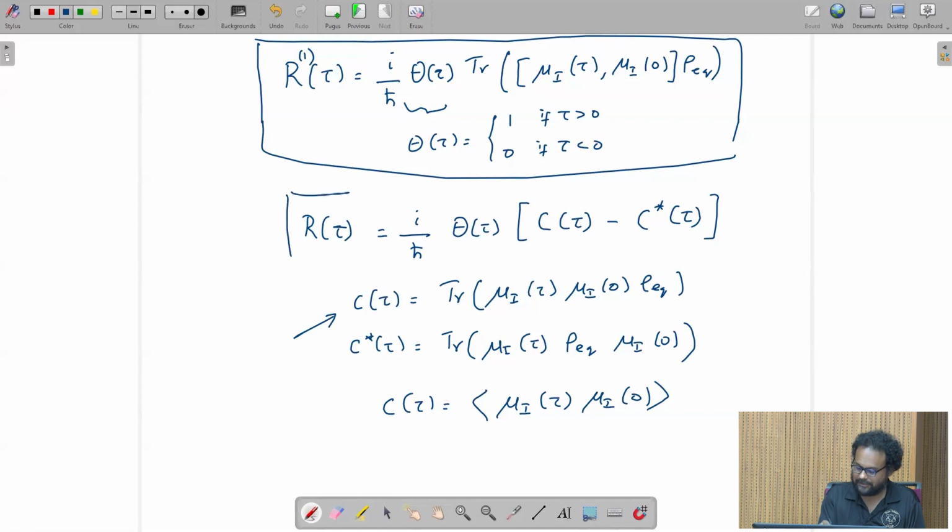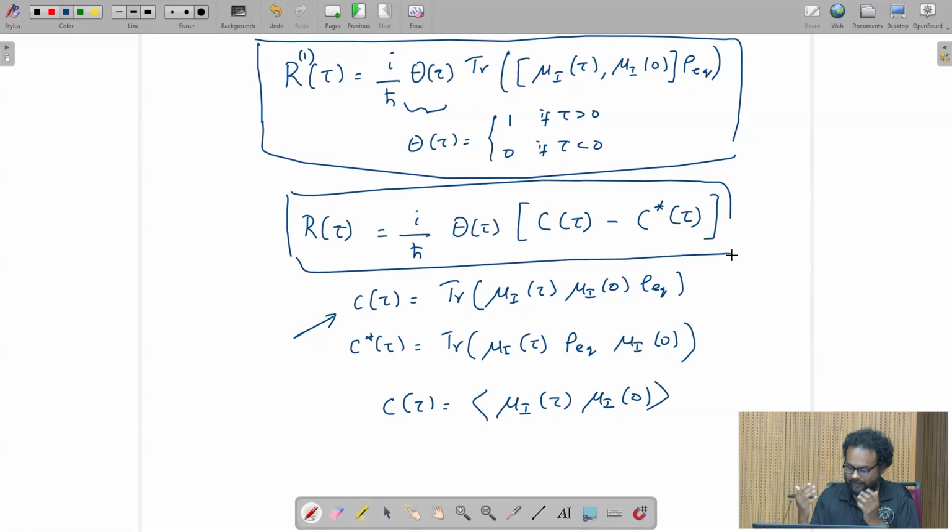Your response function is given by this equation: I over h cross, Heaviside function for causality, multiplied by C of tau minus C star of tau, the complex conjugate, where C is simply the expectation value of the product of dipole moments. Very simple and elegant. So let's keep this in the back of our head. We'll come back to it later. In fact, at the end of today's class, we are going to see what is referred to as diagrammatic expansion.